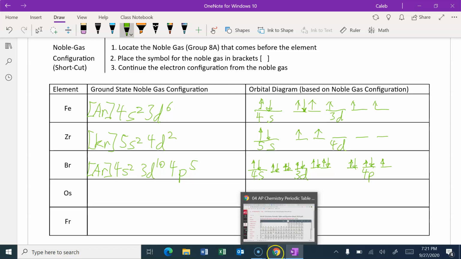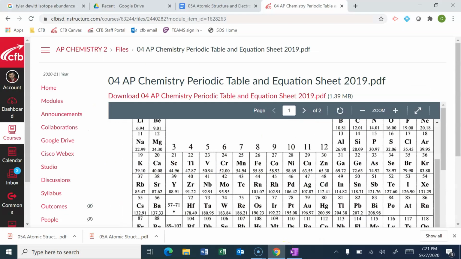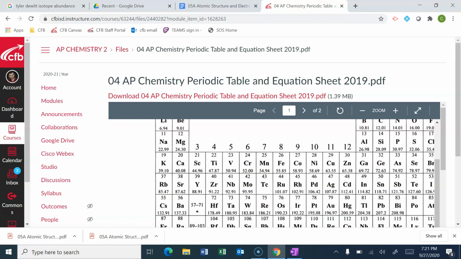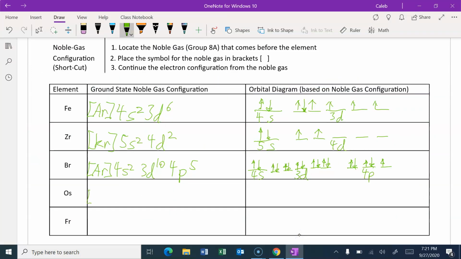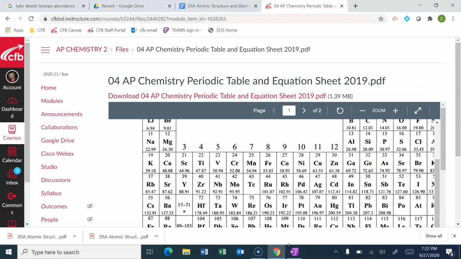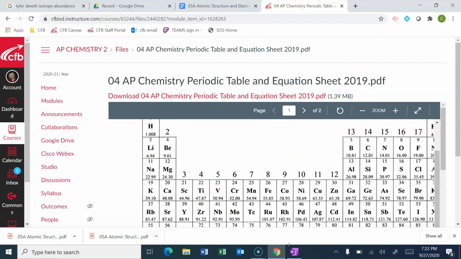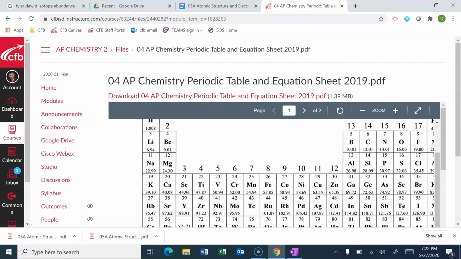Then we get to osmium, which once again we're going to have to go through that F block. The previous noble gas for osmium is xenon, Xe. 6s2 if I remember, and then 4f14, 5d, let me double check that, 5d, which, because we're in the 6th row, right? 1, 2, 3, 4, 5, 6.